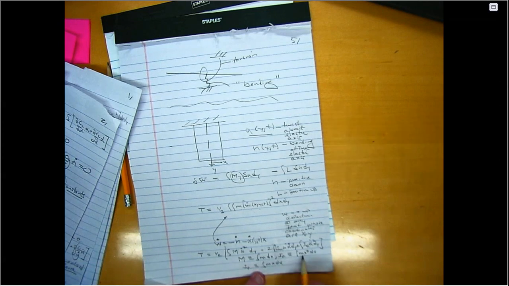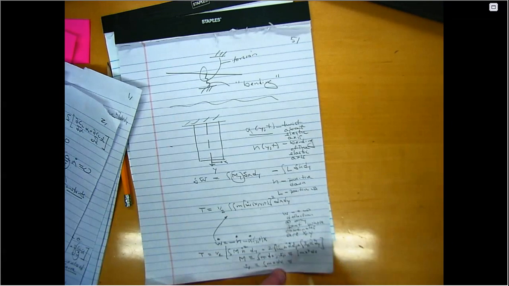We call this moment of inertia, but this is really the second moment of inertia. This is really the first moment of inertia. And I can write this in a different way. I can define a new symbol, which is M, that's this M, times X sub CG.